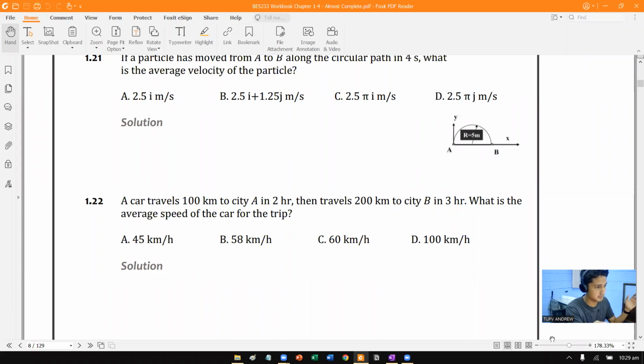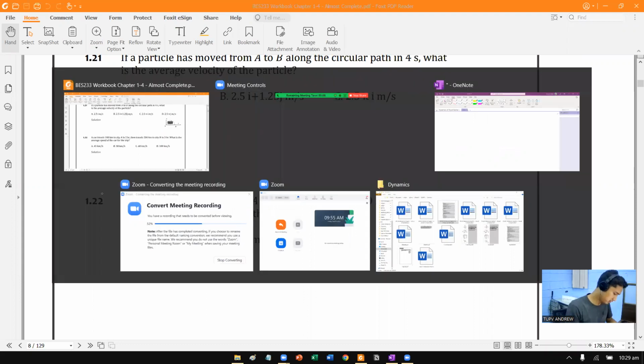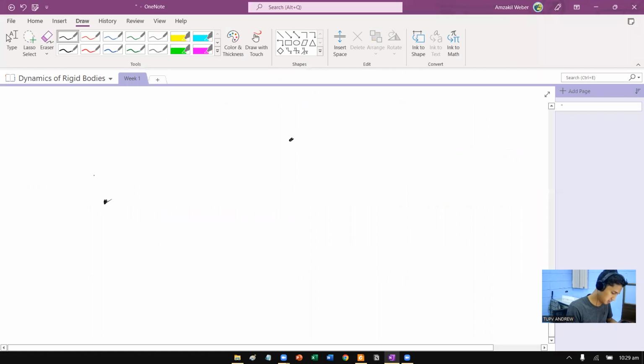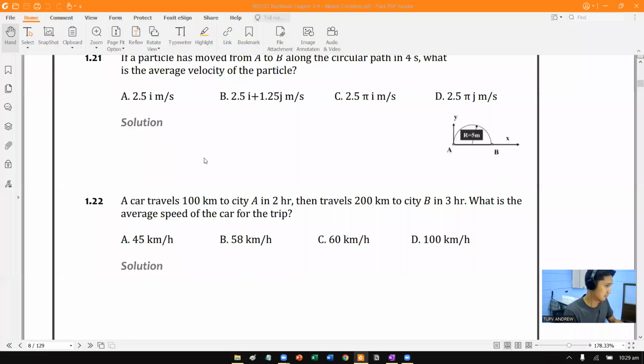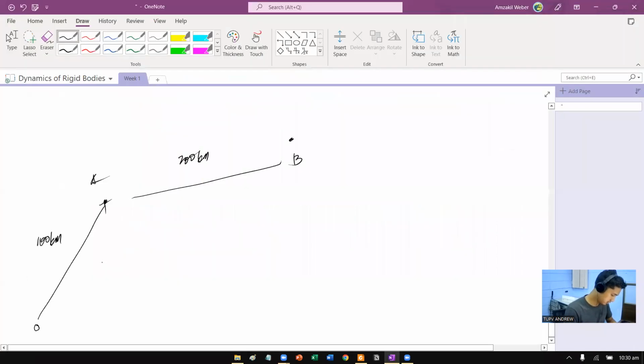What is the average speed of the car for the trip? For example, this is A, this is B, and this is the origin. It takes 2 hours for the first leg, and 3 hours for the second.